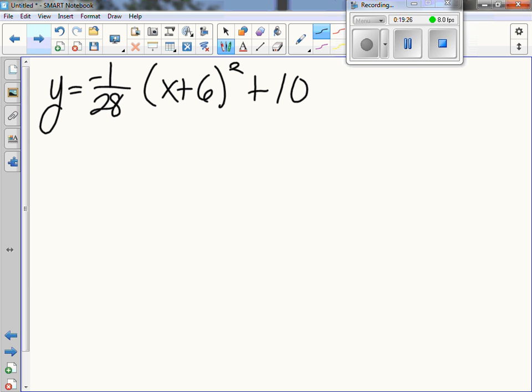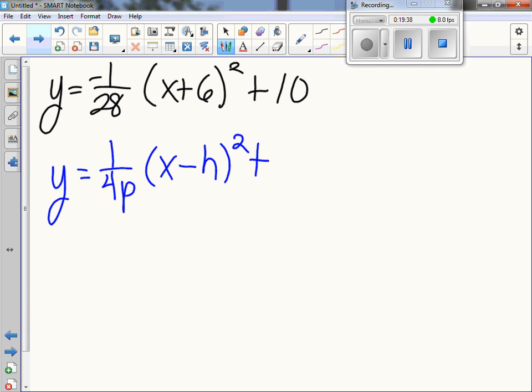Almost. Now, when we look at this here, what is it matching up with? Well, we have y equals, yes? So it's going to match up with our y equals 1 over 4p, parentheses x minus h squared plus k. So what variables do we use in the general equation?